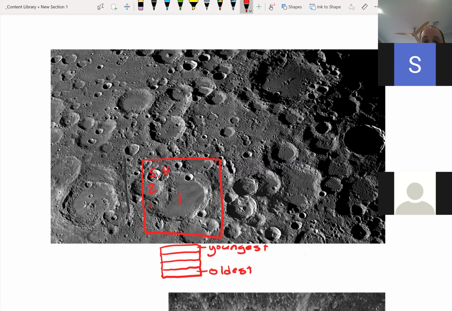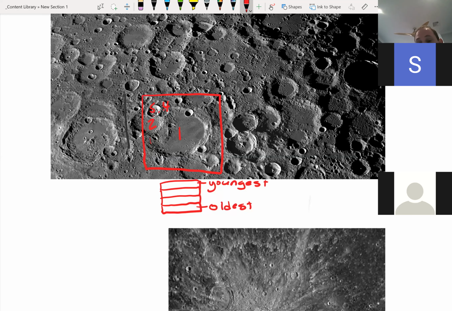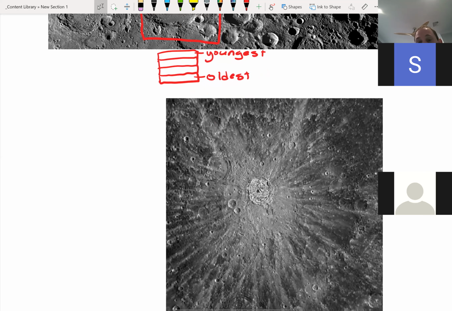Over here, picture 2, we're looking at ejecta rays. Sometimes after the impact, all that debris that gets kicked up gets shot all around, almost like a splatter, and you get these rays that form around the craters.